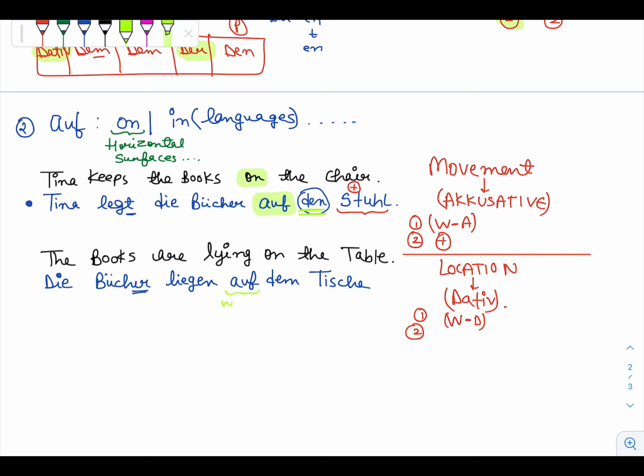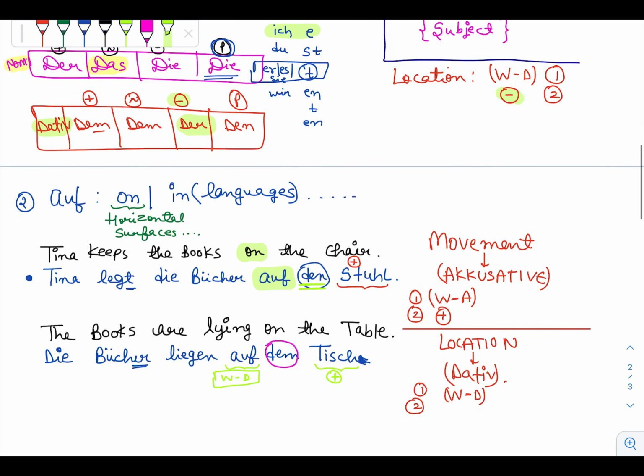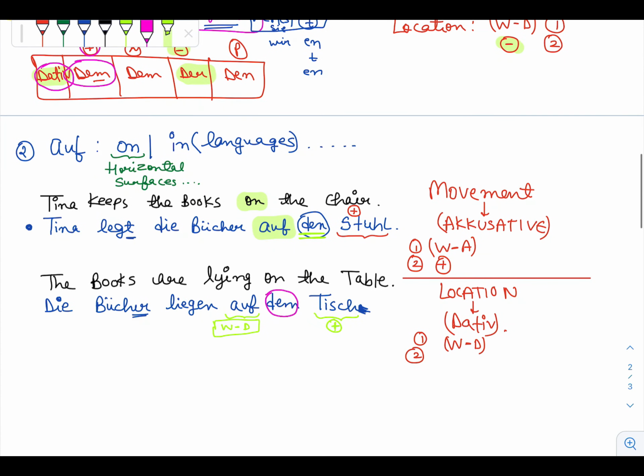One thing is clear, that this is Wechsel of dative. Second thing we require, only Tisch, the gender of Tisch, which takes masculine. So that's why they used here dem. You will see here dative of masculine, dem. That's why here dem.